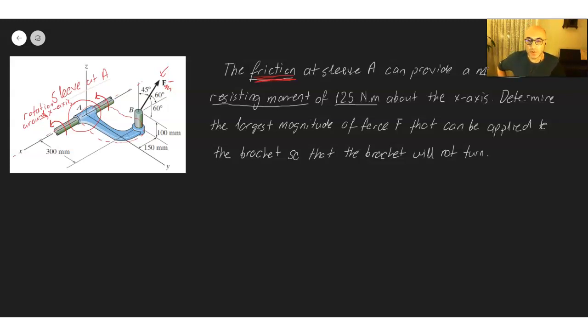So for the solution, essentially we will find the applied moment.